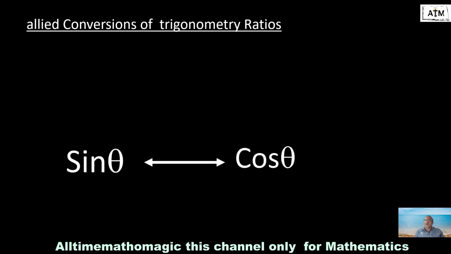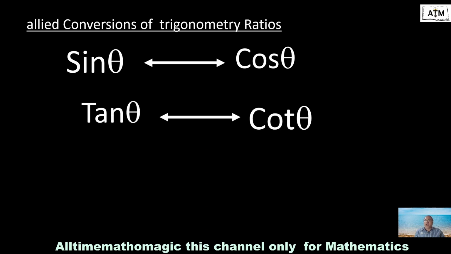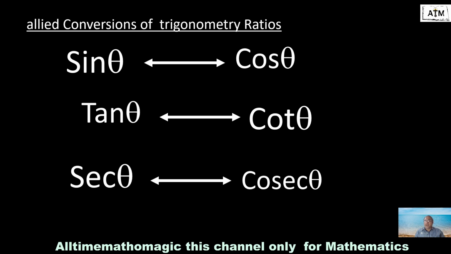The first one, the allied conversion of sin theta becomes cos theta, and allied conversion of cos theta is sin theta, and allied conversion of tan theta is cot theta, and allied conversion of cot theta is tan theta, and allied conversion of sec theta is cosec theta, and allied conversion of cosec theta is sec theta.